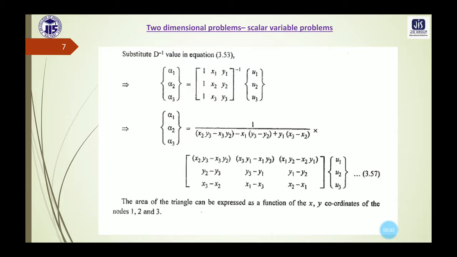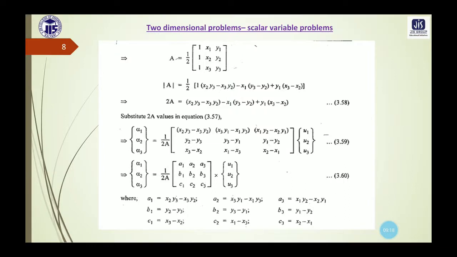Now the area of the triangle can be expressed as a function of the xy coordinates of the nodes 1, 2 and 3. So first we need to find the area of the triangle. The formula is half multiplied by the determinant of a 3 by 3 matrix.